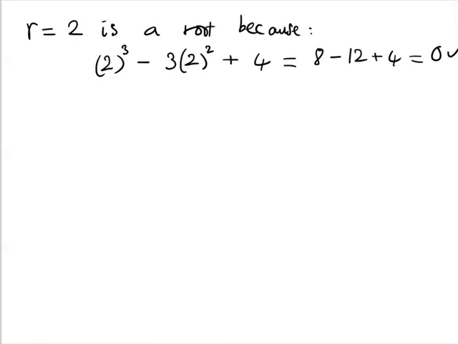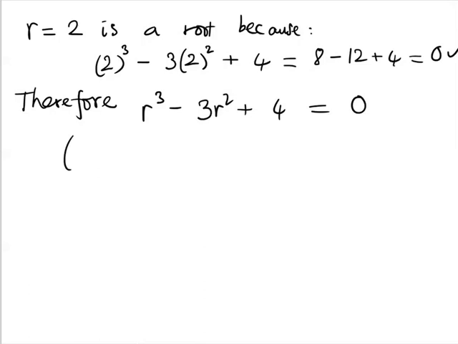And therefore, if we rewrite the equation here, r cubed minus 3r squared plus 4 equals 0, it should be factored as r minus 2 times something here. And we need to determine this.